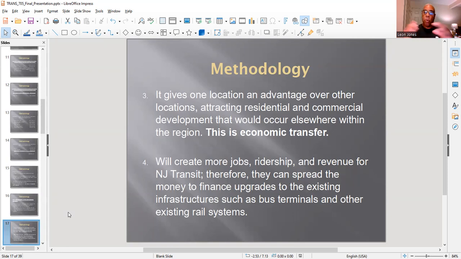So if you put in a brand new system, you're still going to have upgrades to do at other points where citizens go to catch the train. And the bus stations are the areas that are going to need to be upgraded. And of course, they're going to build new facilities where you can park and ride.